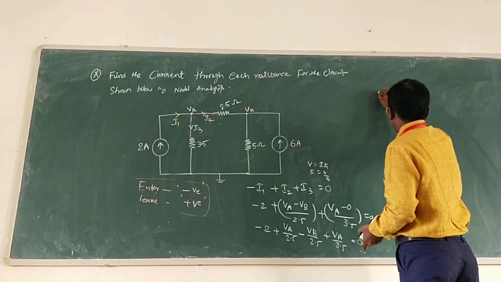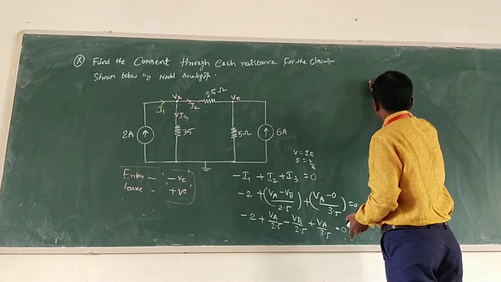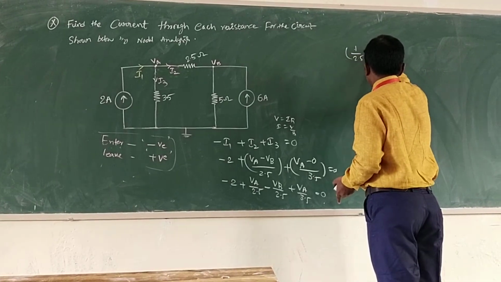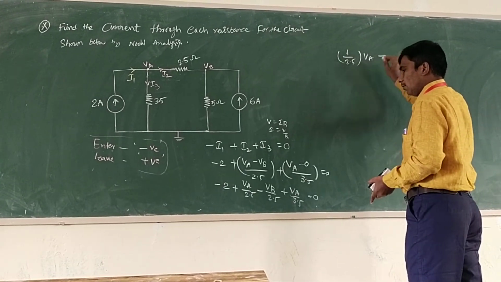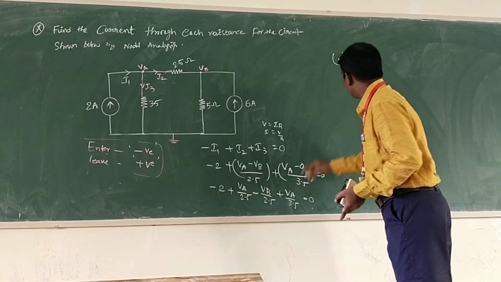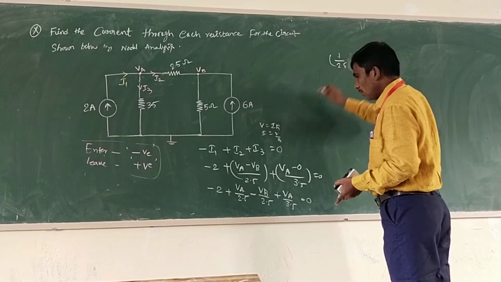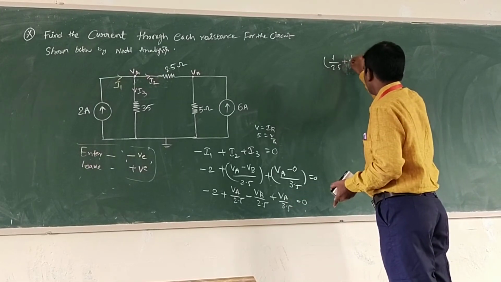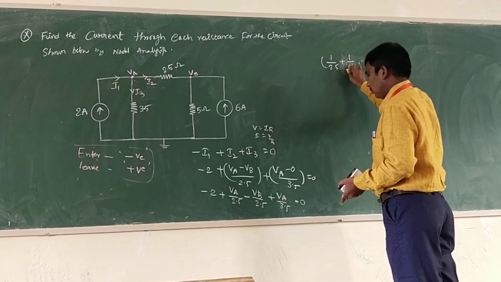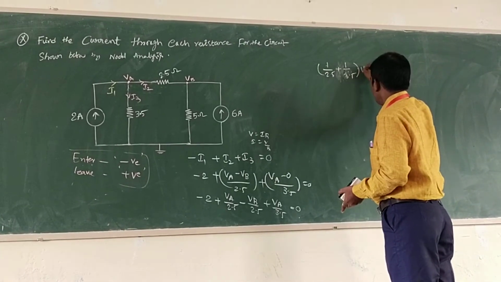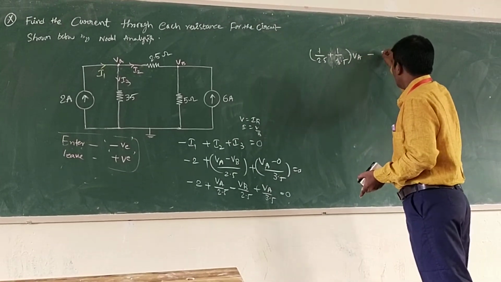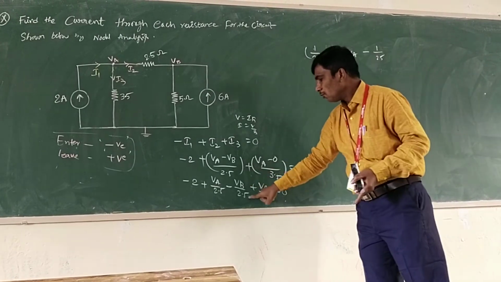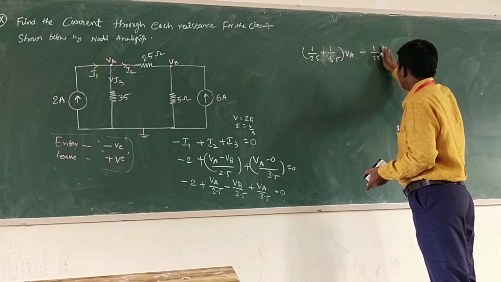That is 1 by 2.5 into VA plus 1 by 3.5 into VA, two terms of VA are there, 1 by 2.5 and 1 by 3.5. We take them together, minus 1 by 2.5 into VB.